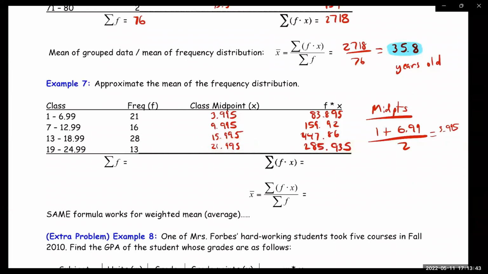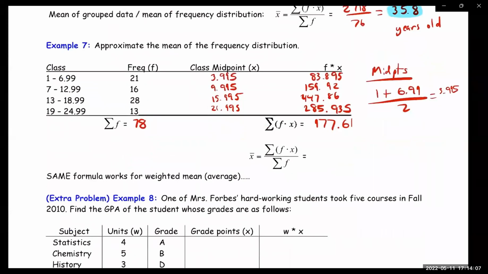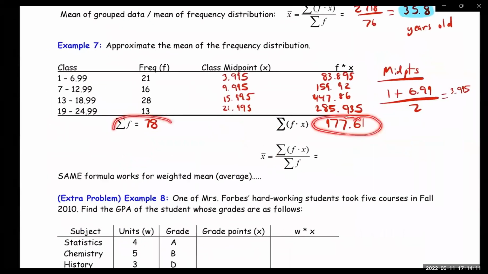All right, and now as you can see, they're asking for the sum of this column. So if you add up these numbers together, you should get a grand total of 977.61. And now we have to add this column. I forgot to add that column. If you add that column, you're going to get 78. And remember, to find the mean, you just divide this number by this number.